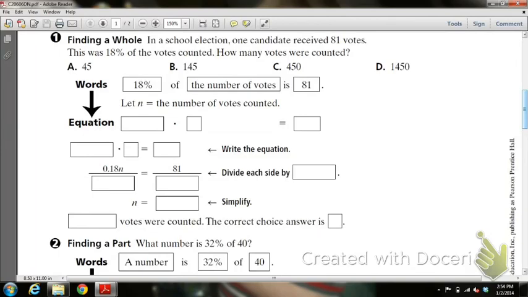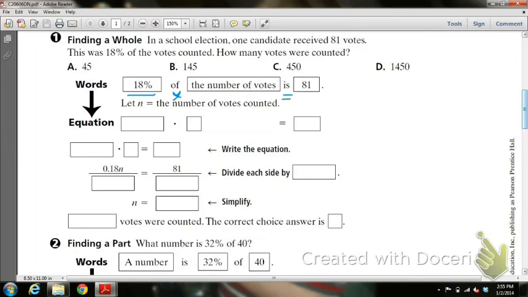Alright, so in the first example, we're going to find the whole. So in a school election, one candidate received 81 votes. This was 18% of the votes counted. How many votes were counted? So 18% of, which means times, the number of votes is, which means equals 81.